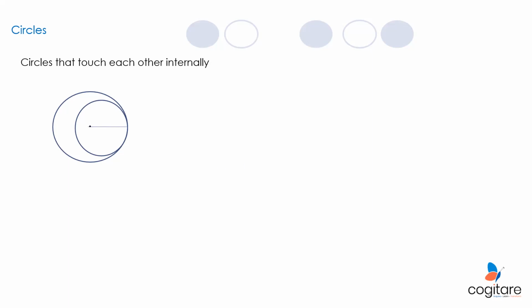Okay, so if O happens to be the center of the larger circle, and O dash happens to be, let's say O dash is the center of the smaller circle. I'll mention that here.